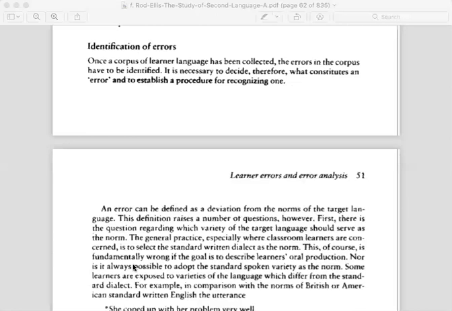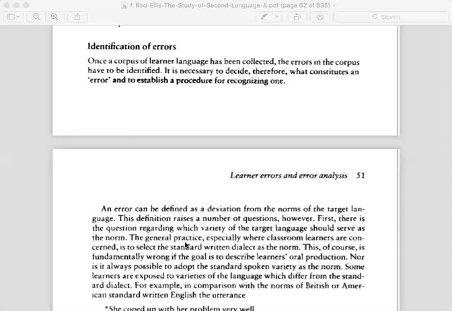So today we are going to do, once the data is collected, how would you identify the errors, right? Once you have the corpus of learner's language, then the errors in the corpus have to be identified, okay?